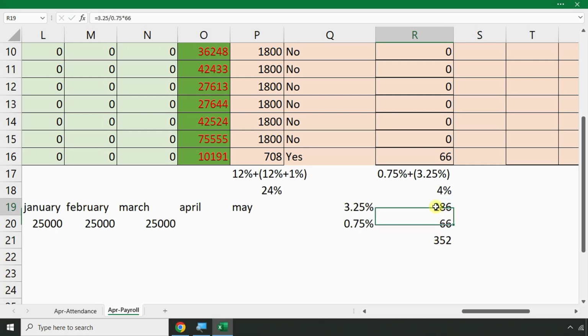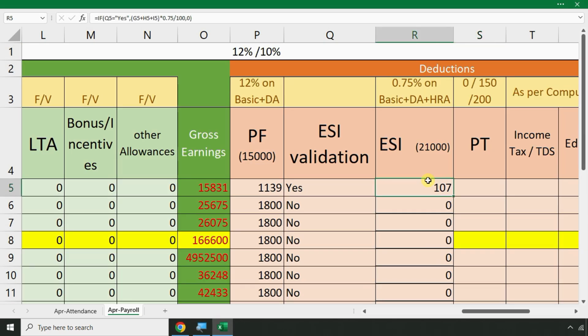Out of 352, 286 rupees is contributed by the company. Yes, understood. Remember, just to show you, I will add directly here 4 by 100. How much is it?